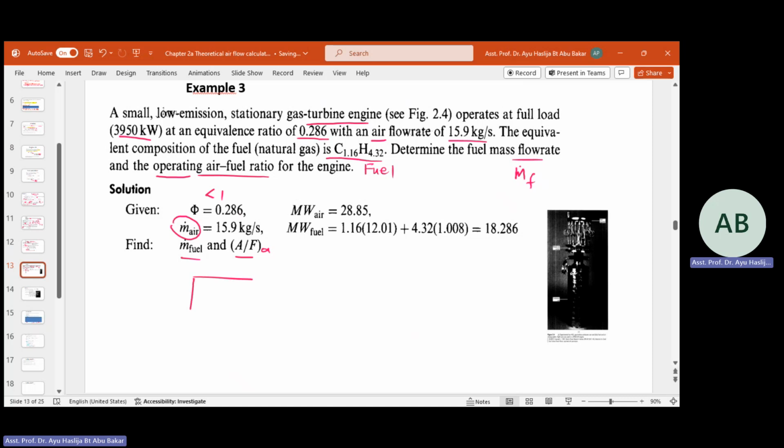So meaning that fuel of this with excess air, your products will have CO2, H2O, O2, N2. Fuel and then you have air.